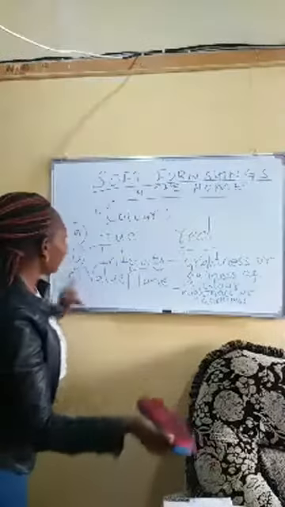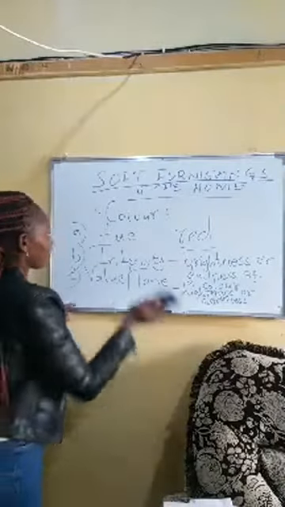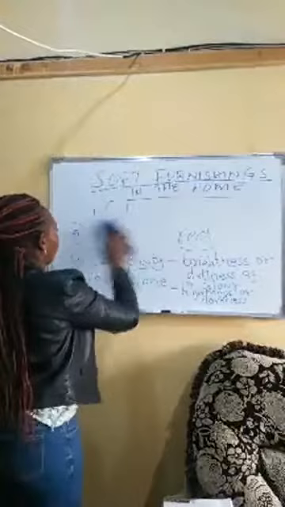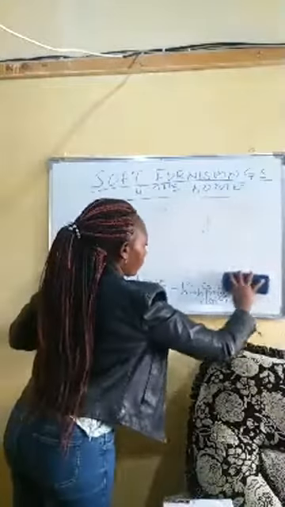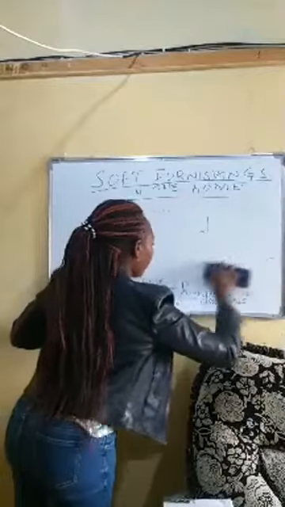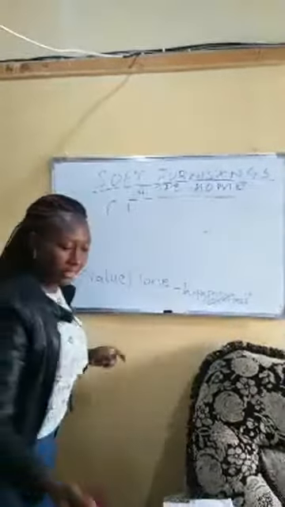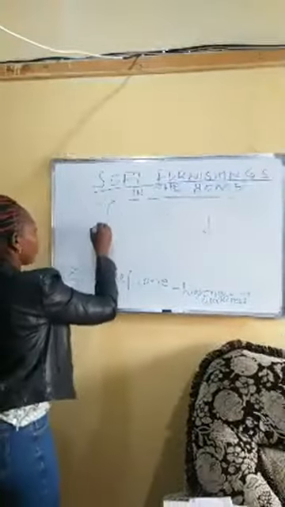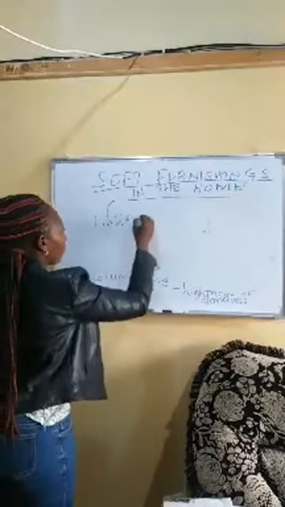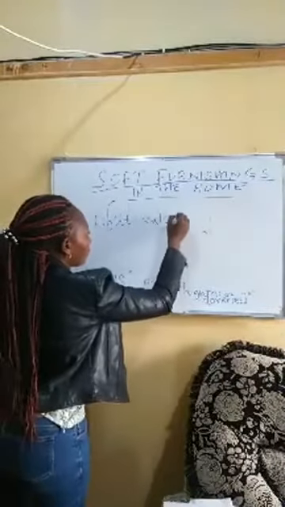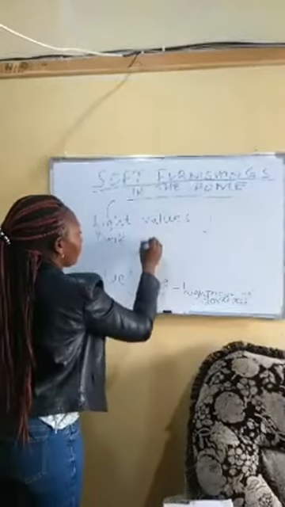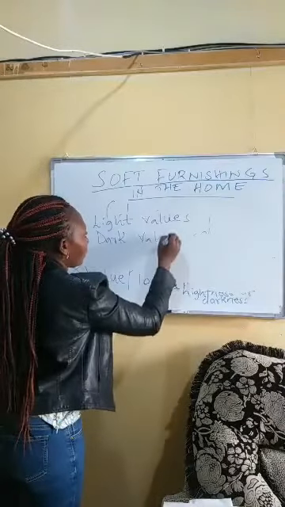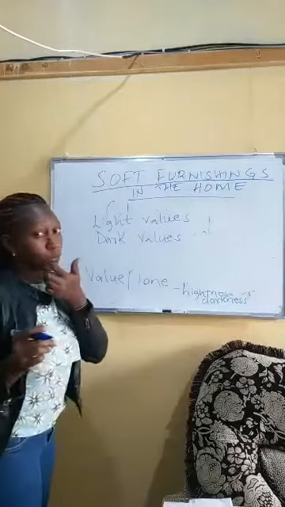Now these light values, they have a name. So we have light values and dark values. Talk of values, you can also say tones.